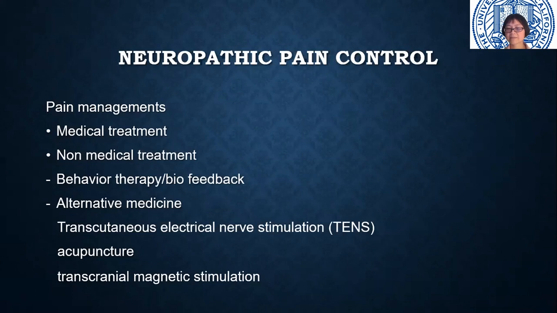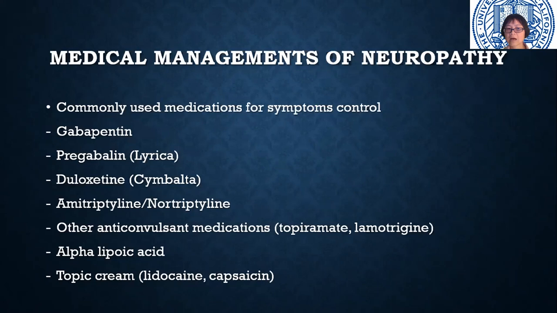Neuropathic pain control is a common question in our clinic. Although we are not pain specialists, we usually talk with patients about the medication choices, including the ones we just talked about in the last slide. However, some patients may not have a good response to those commonly used medications for neuropathic pain, or they cannot tolerate the side effects.